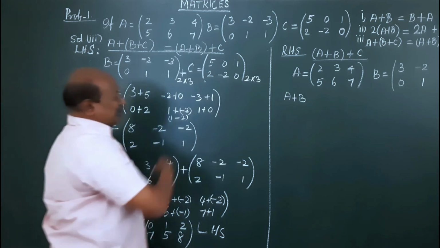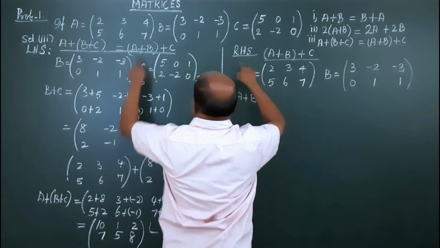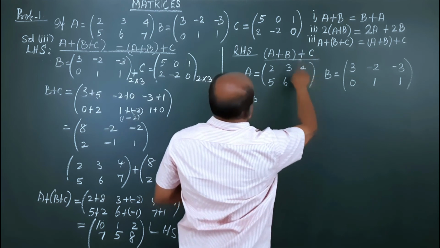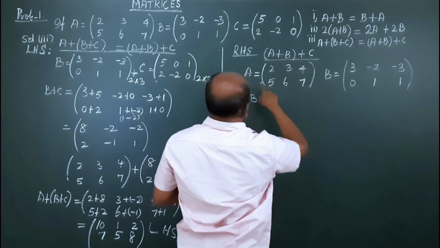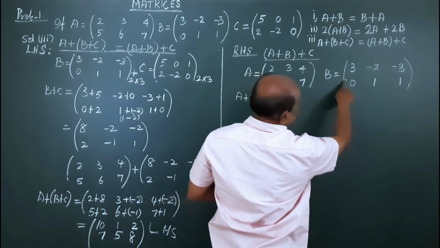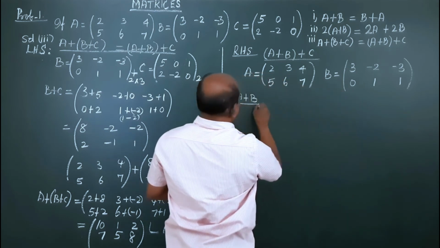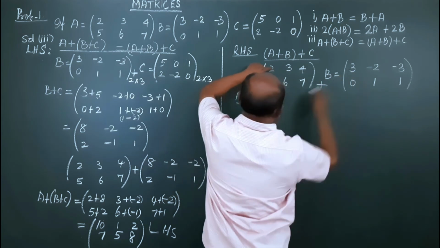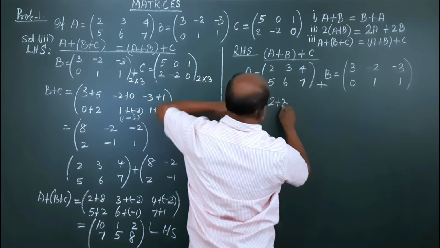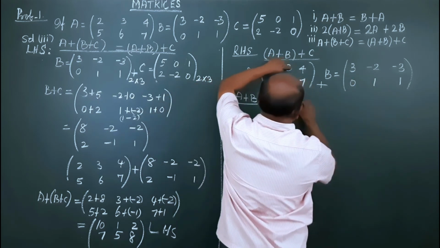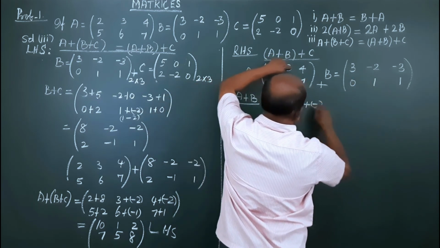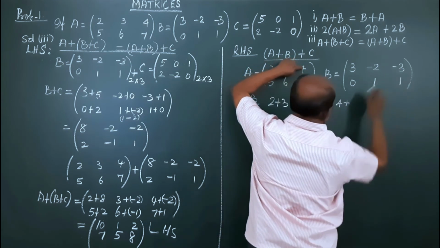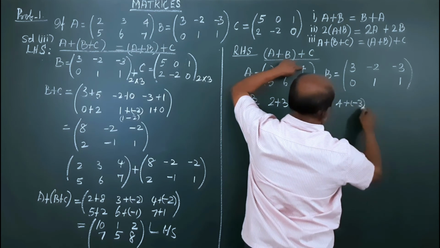Now we move to right hand side. Right hand side, this one. (A plus B) plus C, we have to find first A plus B. This is the A matrix, this is the B matrix. We have to find the A plus B. These two matrices should be added. 2 plus 3, 2 plus 3, 3 plus minus 2, 4 plus minus 3.